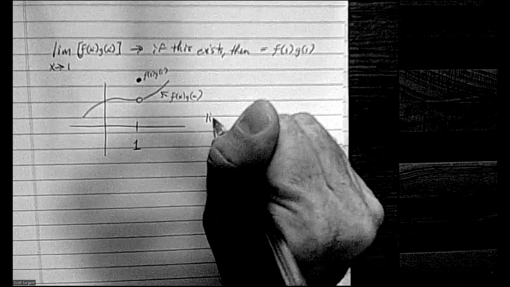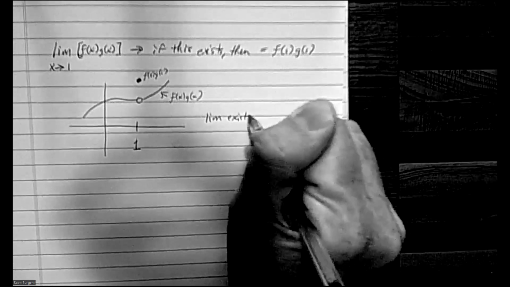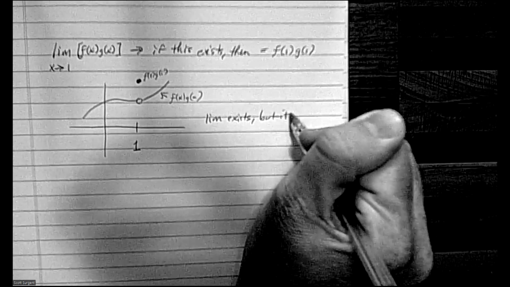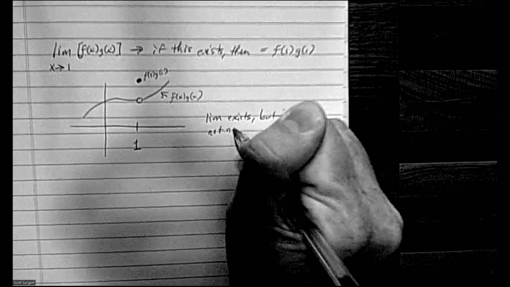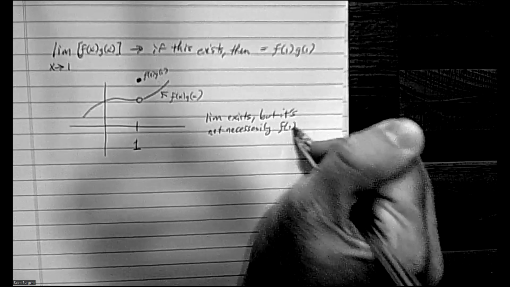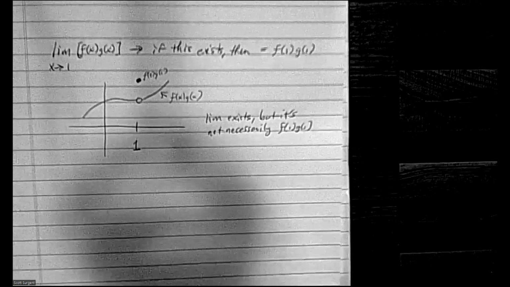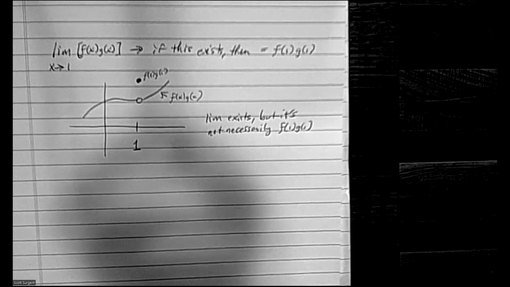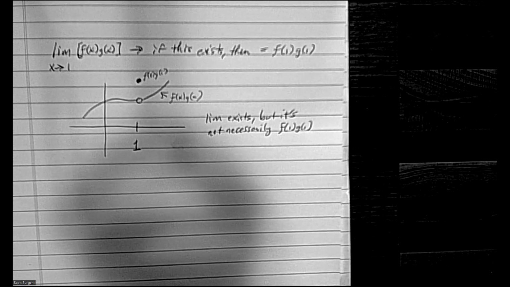So the limit exists, but it's not necessarily the functional value. That's all it's saying. So that's for number one. That's an example of just the case where it might be an open dot.